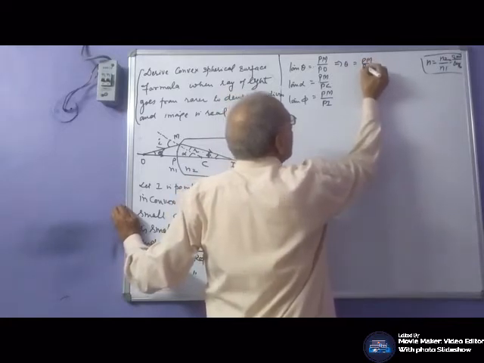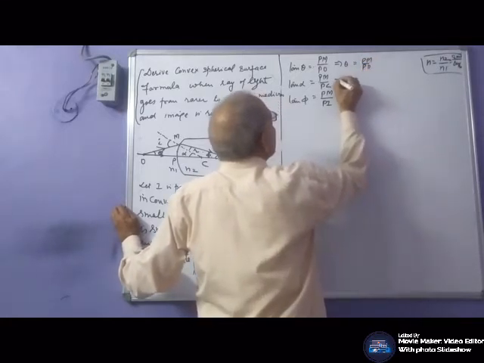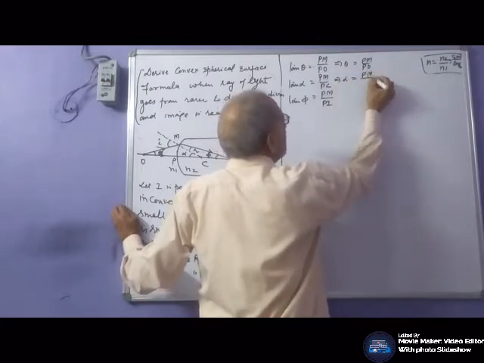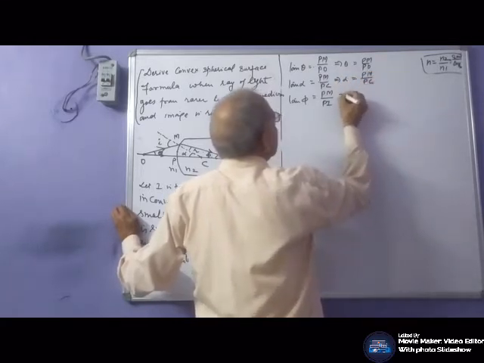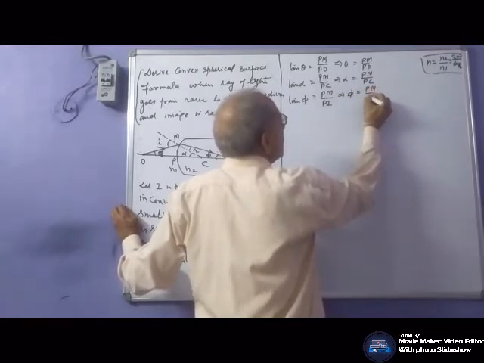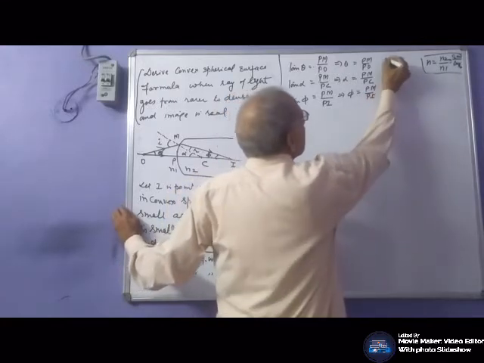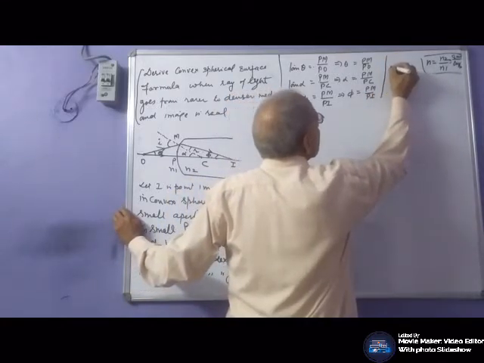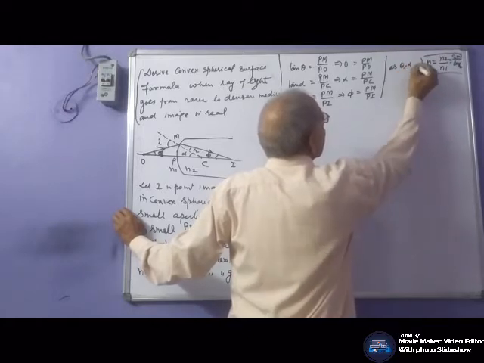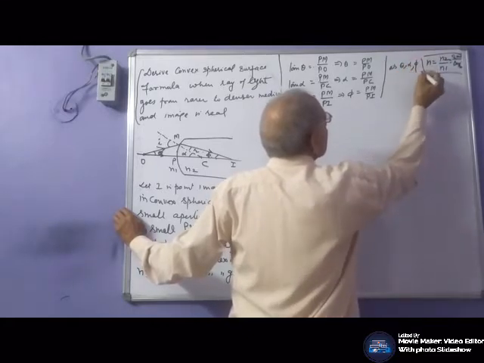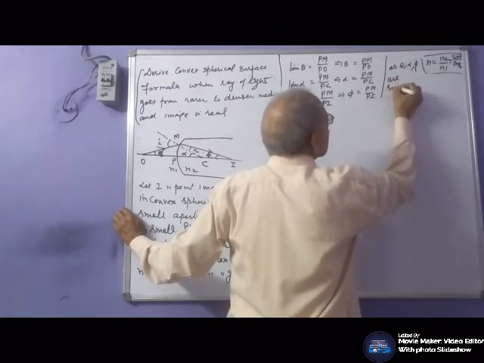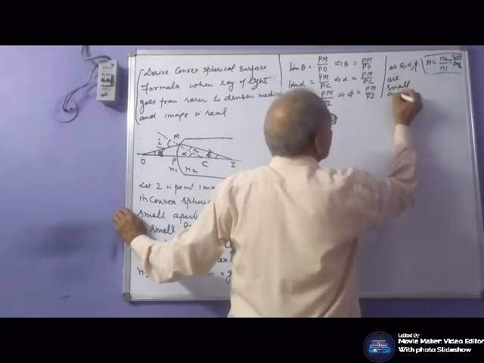If these are small angles, then theta equals PM by PO, alpha equals PM by PC, phi equals PM by PI, as theta, alpha, phi are small angles.